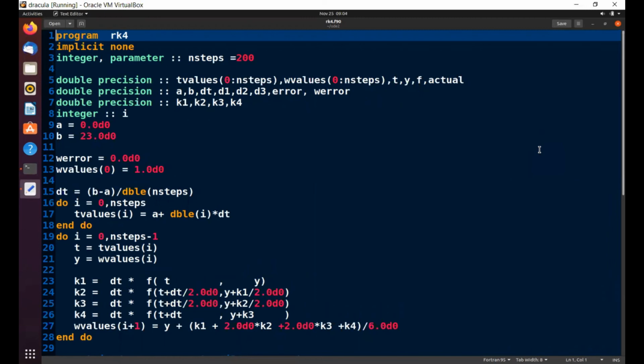Let's try a Runge Kutta of order 4. Initially, we'll start off with 200 steps. Everything else is exactly as it was for the Euler problem. We've not done the same kind of analysis that we did before for the Euler method. So we don't know exactly where, if any place, there's going to be a change in behavior.